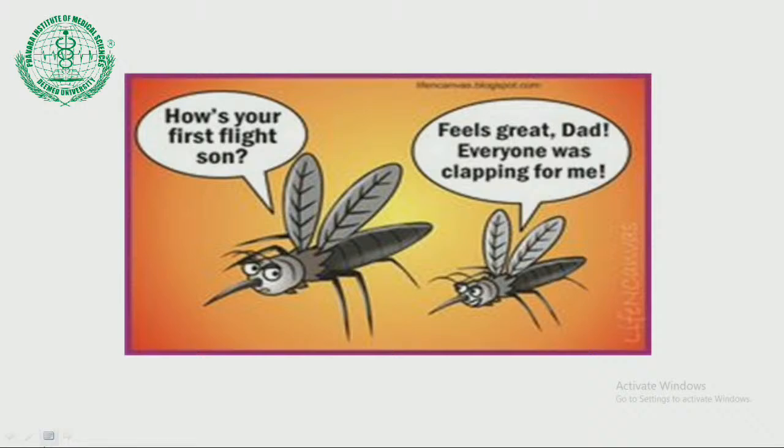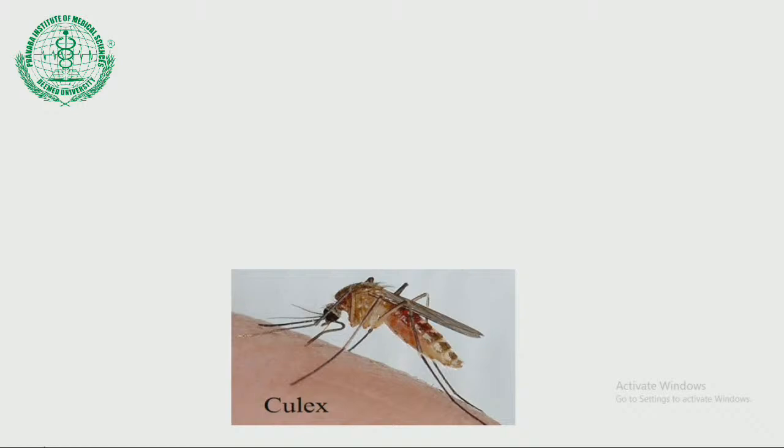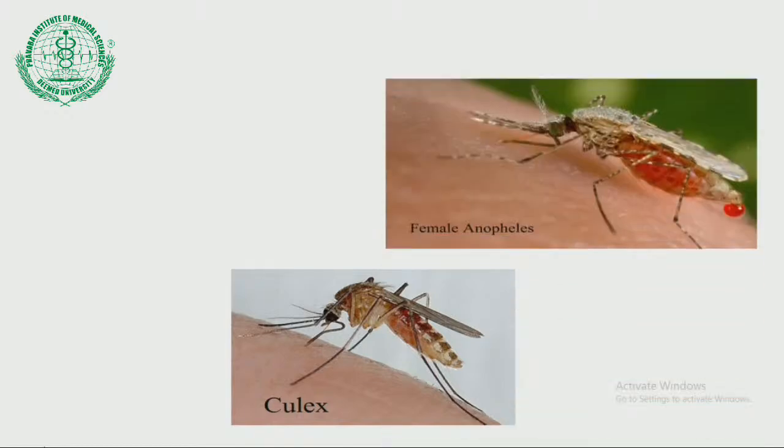Now second group is the winged ones, again the mosquitoes, which are more commonly known, very easily seen. So there are few of the important genera of the group mosquitoes. So this one is the Culex mosquito, the Anopheles mosquito.